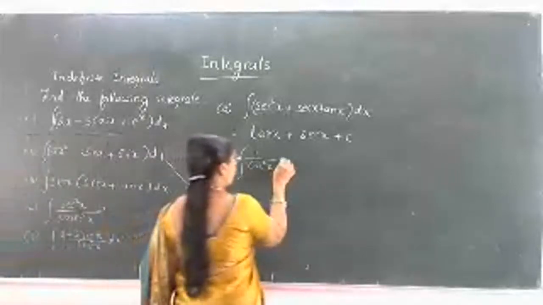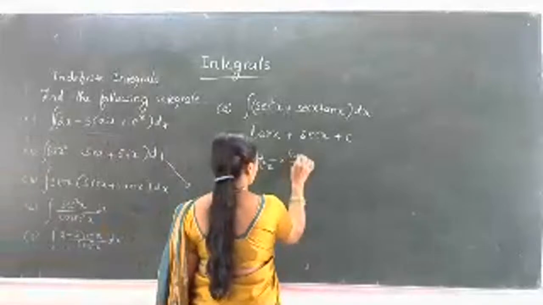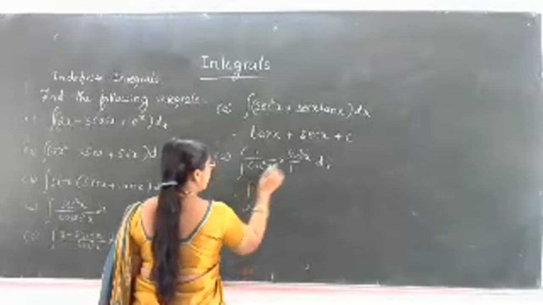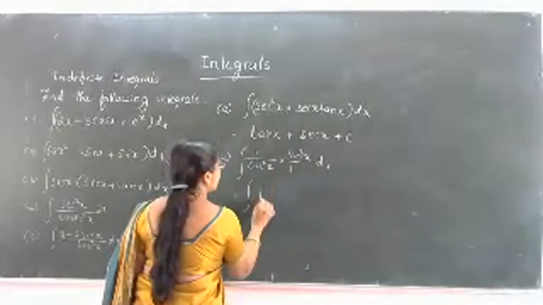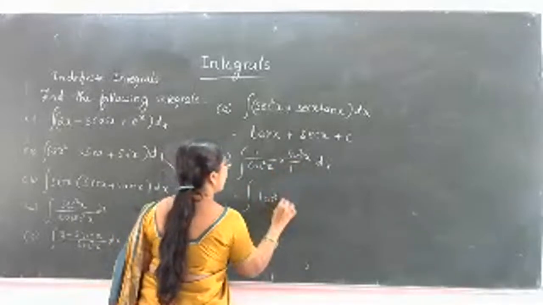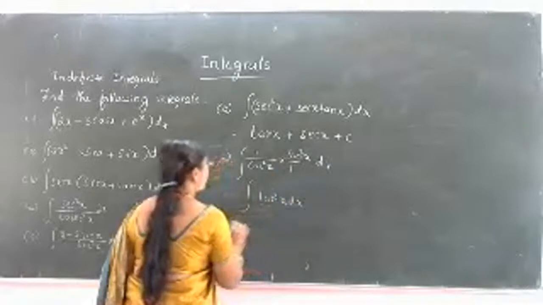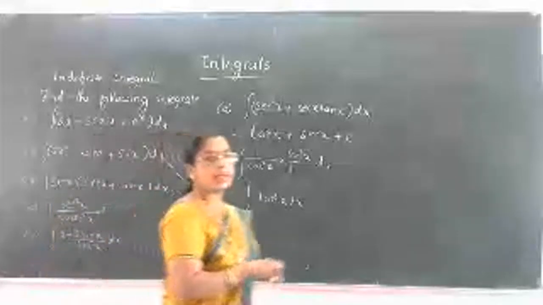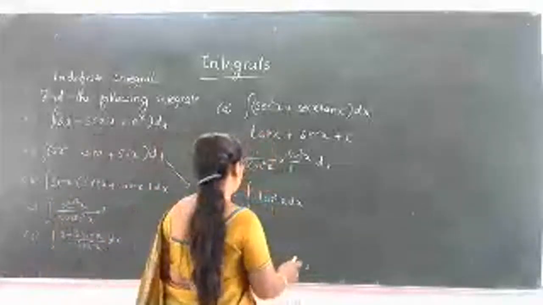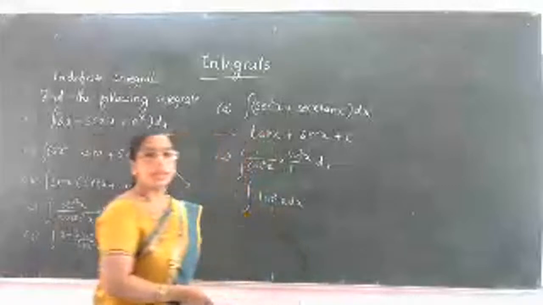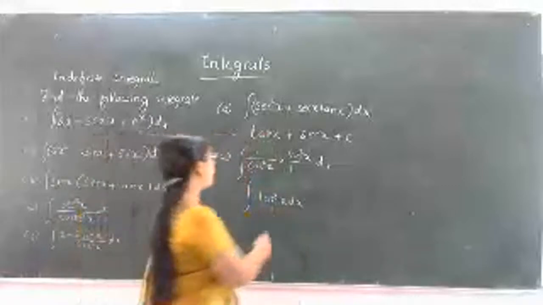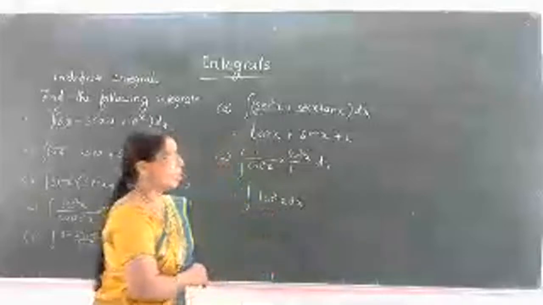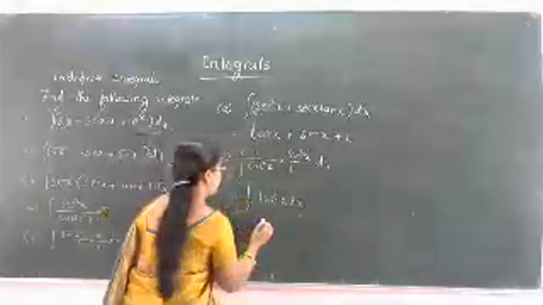It becomes sin square x divided by cos square x dx, which is equal to tan square x dx. Therefore, the integration of tan square x, we can't write as tan x. I didn't tell about the integration of tan x. Therefore, I translate it using an identity.